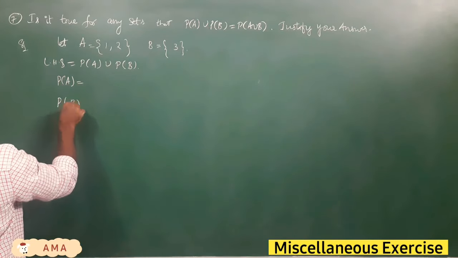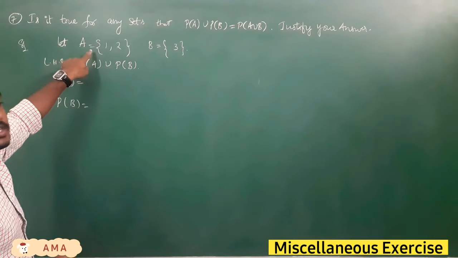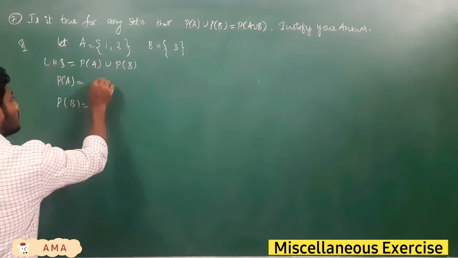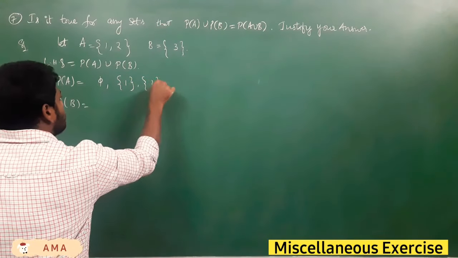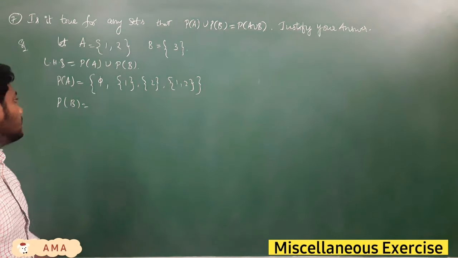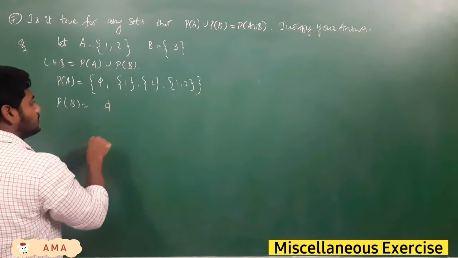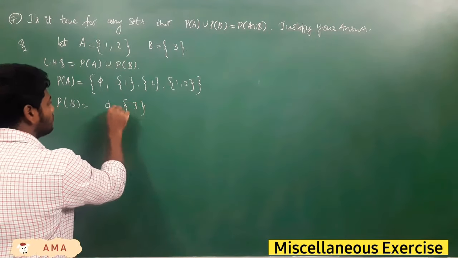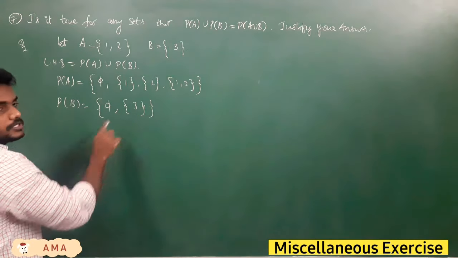What is P of A? Collection of all subsets of set A. What are the subsets of set A? Those are empty set, set 1, set 2 and set 1 comma 2, all in terms of one set. Next, P of B, subsets of set B. First one is empty set, next one is set itself. So one element means 2 power 1, 2 subsets will be there.